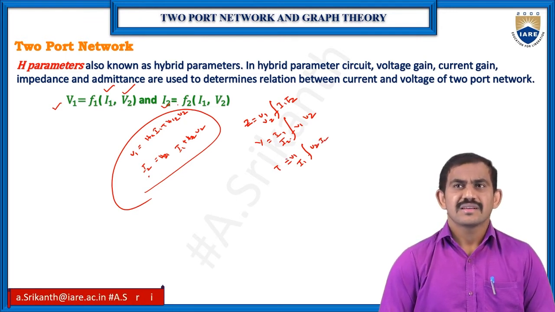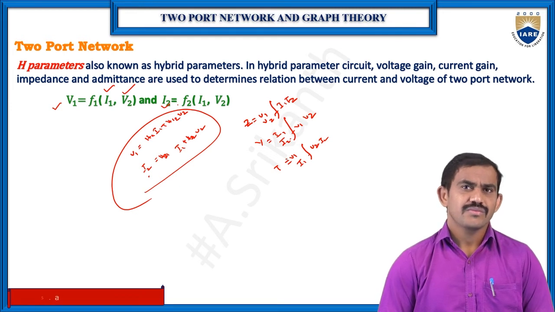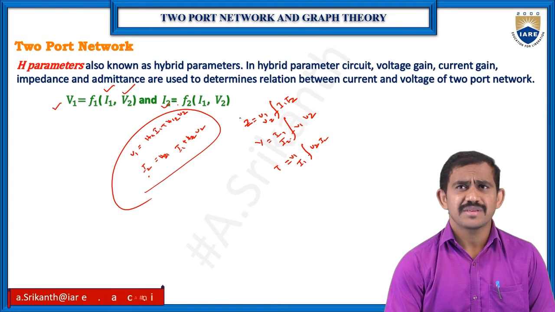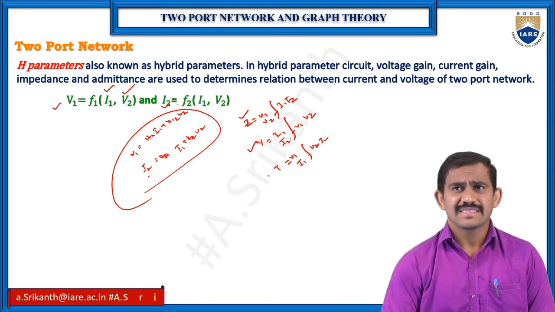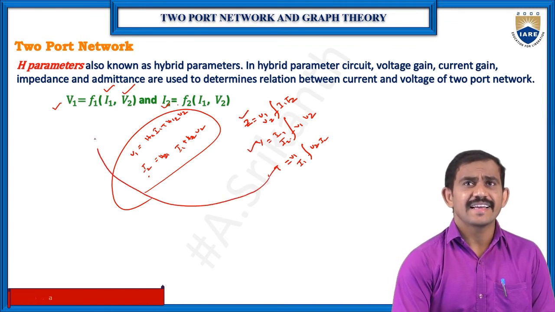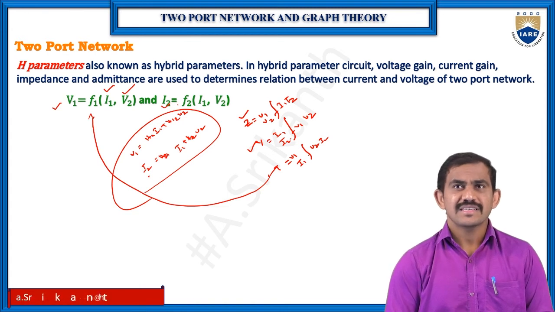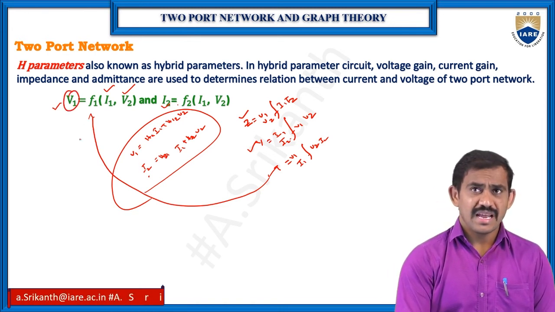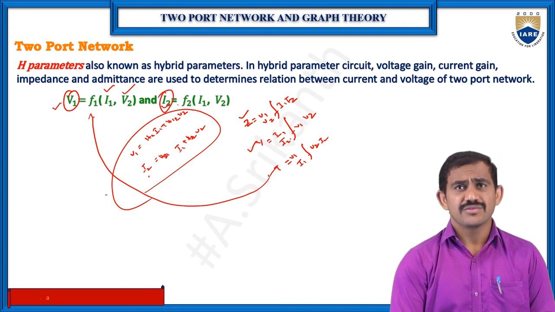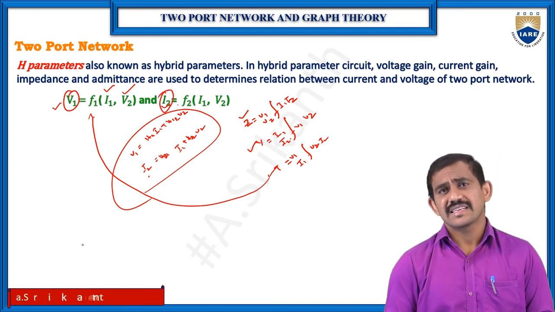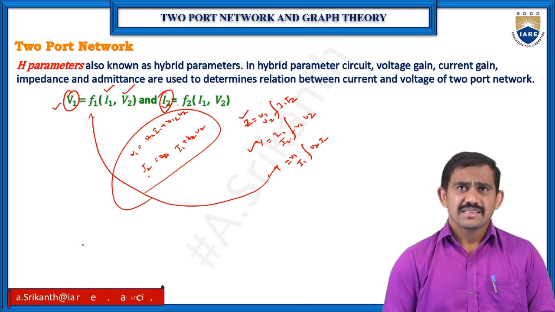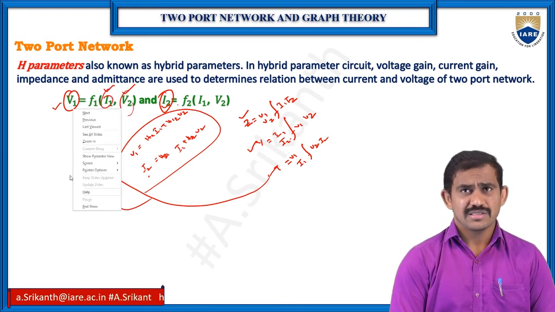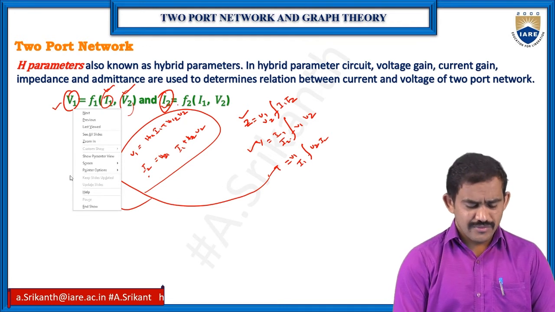So these are Z parameters, Y parameters, ABCD parameters and H parameters. Hybrid means it's a mixing: V1 and I2, primary voltage and secondary current, in form of primary current and secondary voltage. Okay, now check the equation.